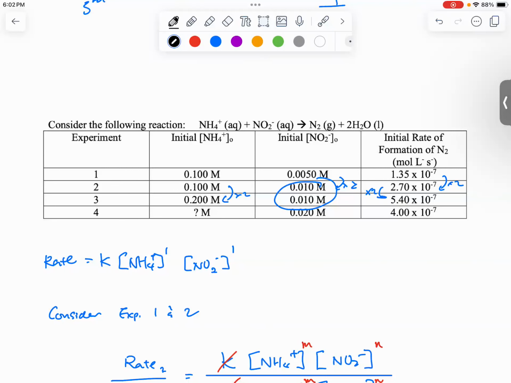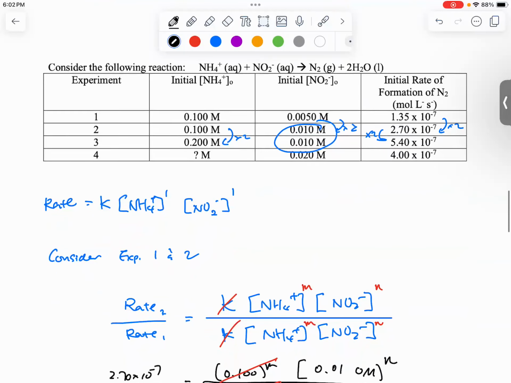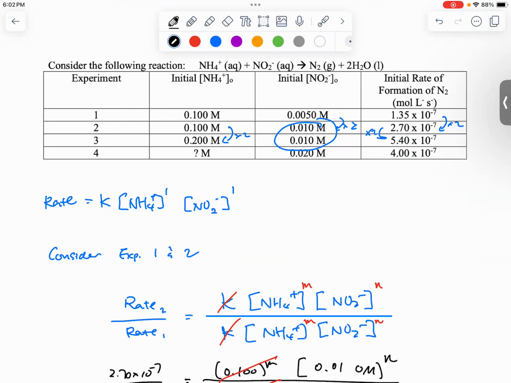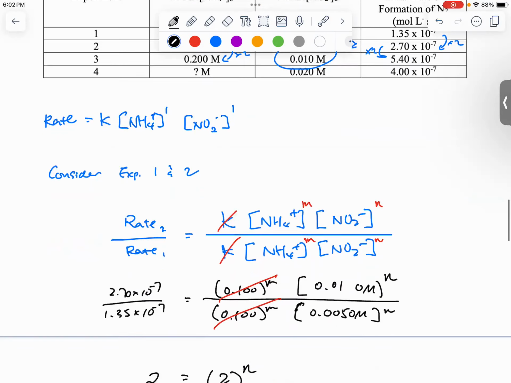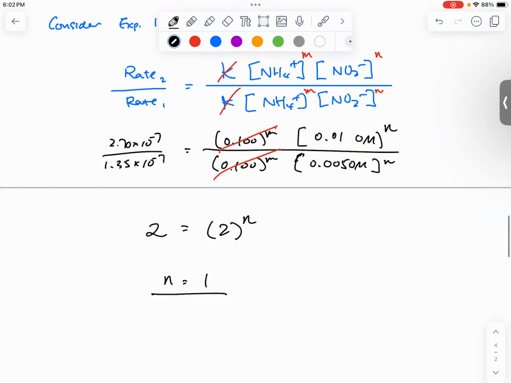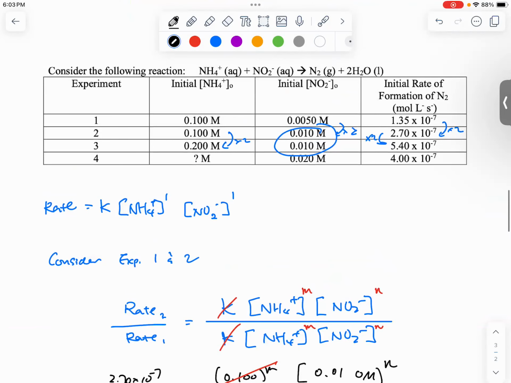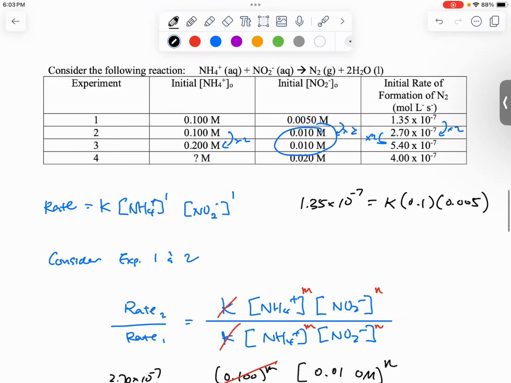So rate 4. You could, or you can find out the K value first. Now, assuming that we did all the work and we have the rate law right here, that means we can find out K. We can simply pick any experiment, because the K value is going to be the same. So you can go ahead and find out the K value.